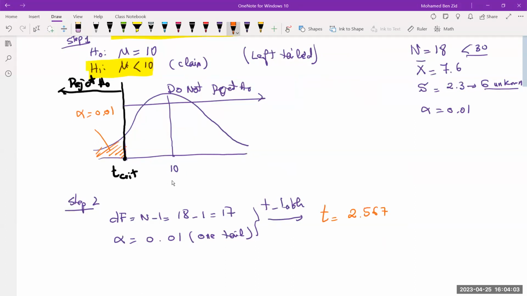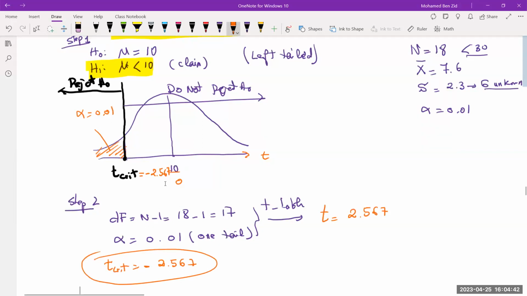Now, this is not my T critical. Why? Because I don't know the sign. Supposedly where the 10 is going to be my 0 on the T values, and you are before the 0. So your T critical is going to be negative 2.567. I hope this is clear. So let's conclude step number 2: T critical is going to be negative 2.567. Okay, hope this is clear.